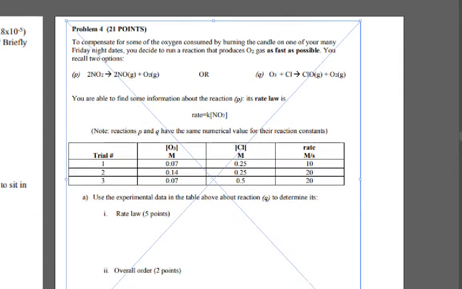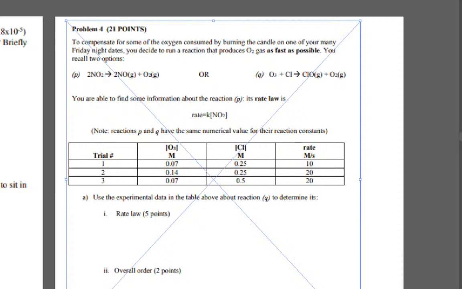So, to compensate for some of the oxygen consumed by burning the candle on one of your many Friday night dates, you decide to run a reaction that produces O2 gas as fast as possible. Okay.